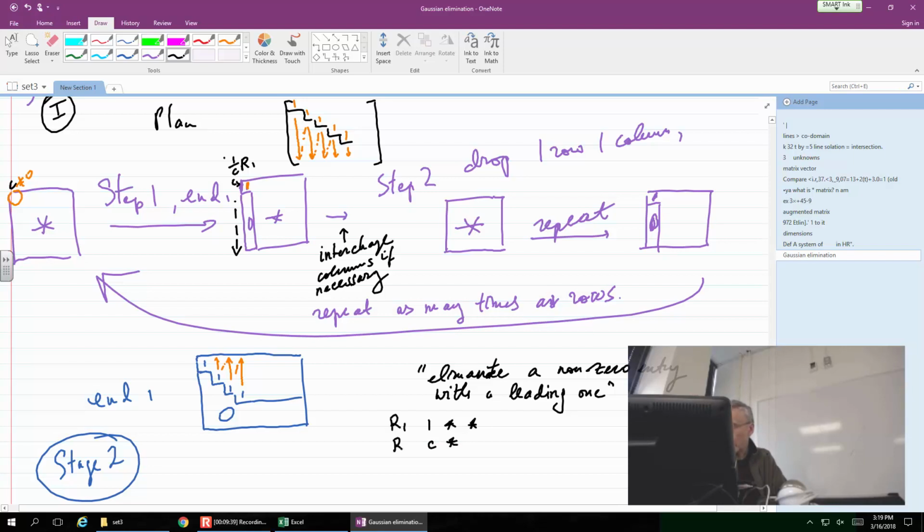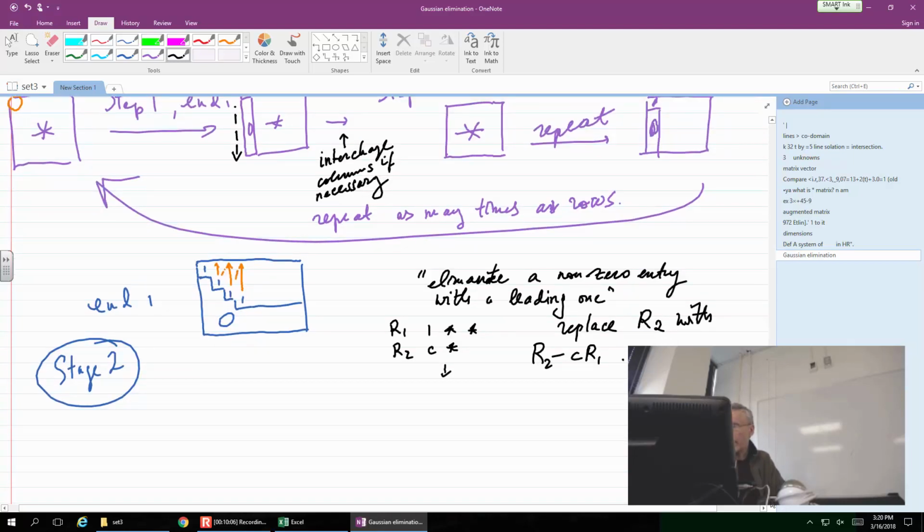Say this is R1 and this is R2. It means replace R2 with a certain combination of R1 and R2 which would make c equal to 0. So replace R2 with R2 minus c times R1. Then the result is that nothing happens to the first row.